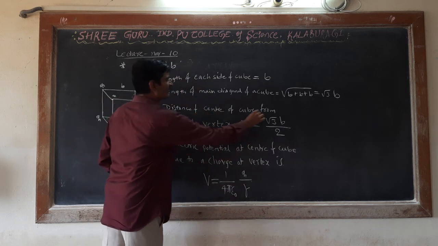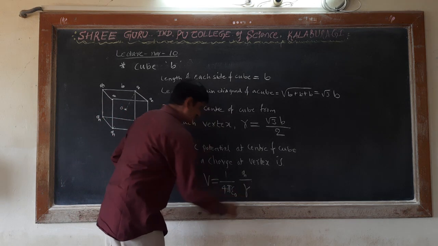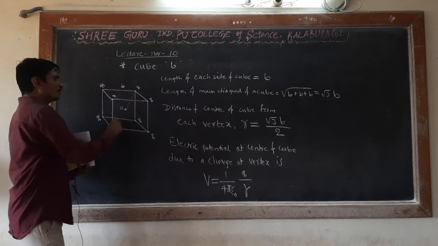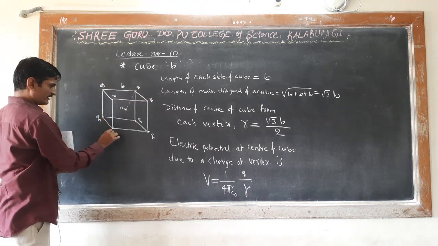So this is for only one charge. And now how many charges are there? 1, 2, 3, 4, 5, 6, 7, 8.